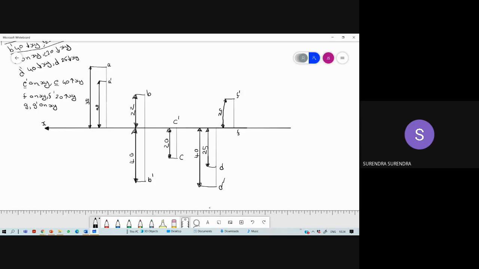So point means simply a dot. It need not be highlighted, right? G dash, G, so both are on XY line. And on the other hand, represent Y. So represent all the points on XY line.